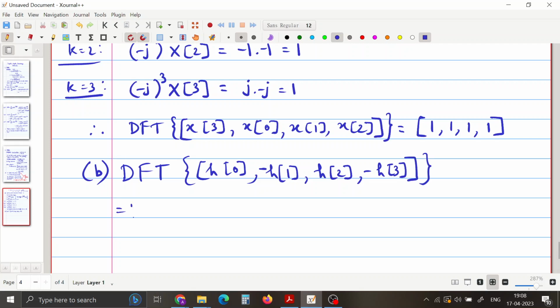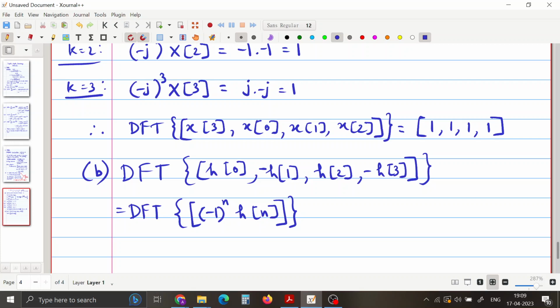Let me write it in a different, more compact form, which I was dictating. We can do this, right? Because if you vary small n from 0 to 3, this is exactly what you get. For even indices you get a positive sign, and for odd indices you get a negative sign. That's it.